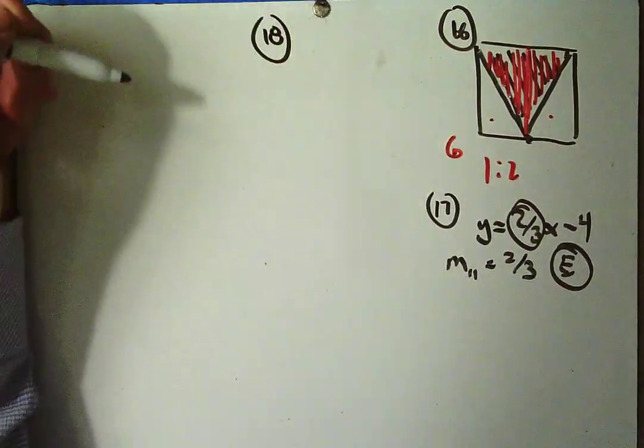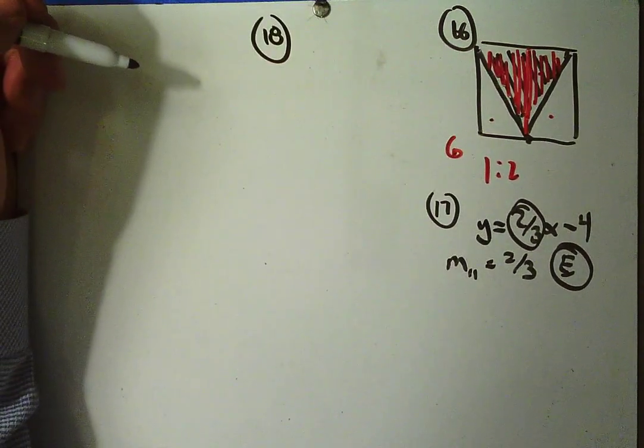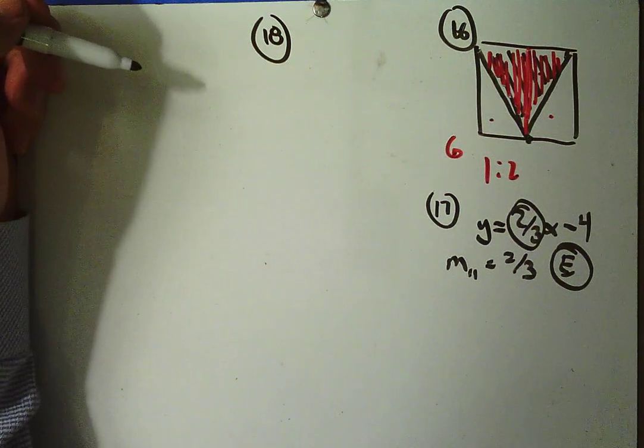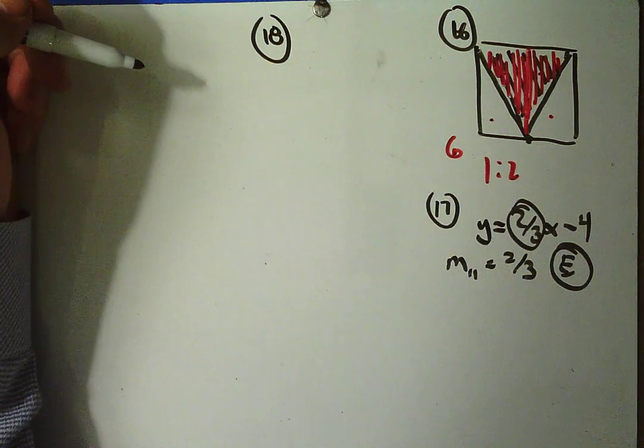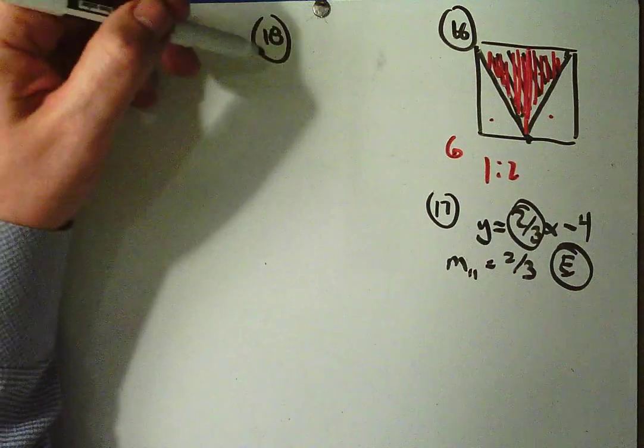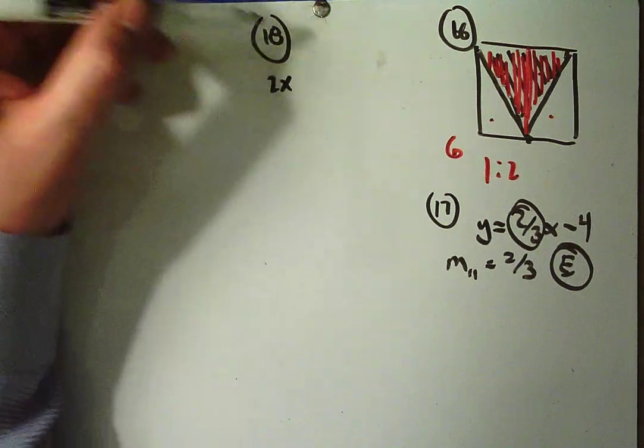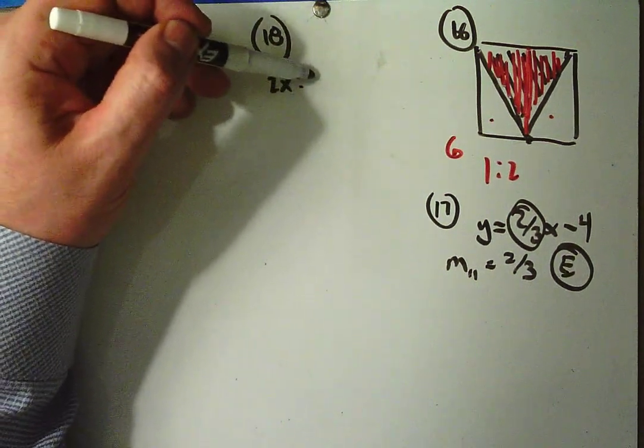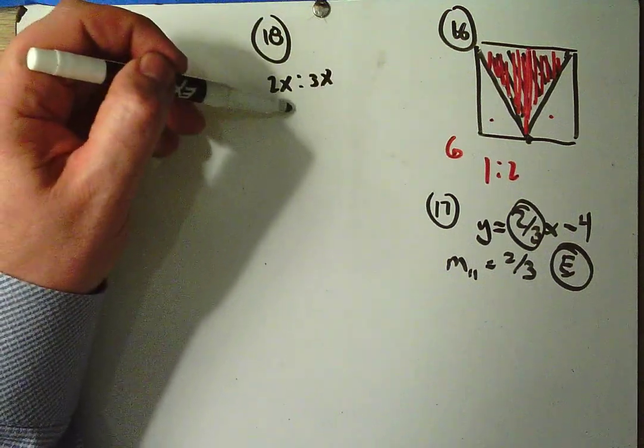18. Janelle cut a board 30 feet long into 2 pieces. The ratio of the 2 pieces is 2 to 3. What's the length to the nearest foot of the shorter piece? Well, remember we did this before. We said 2x, 3x.